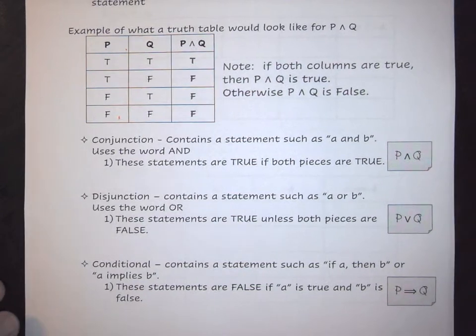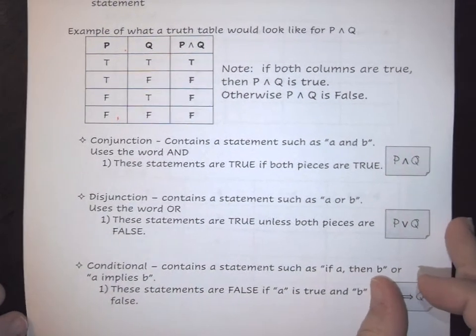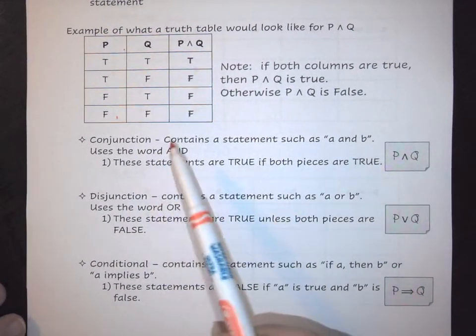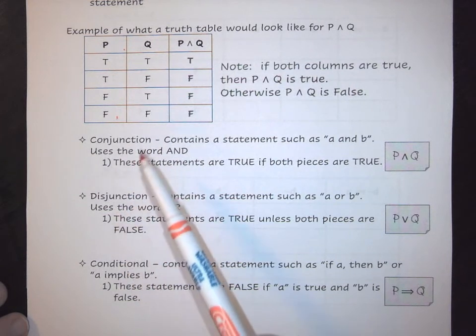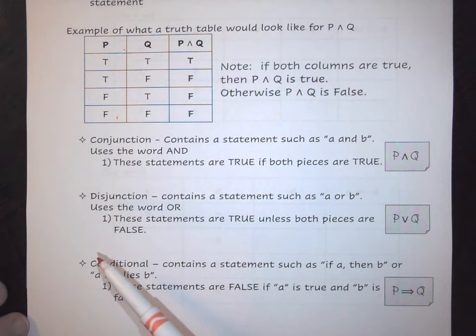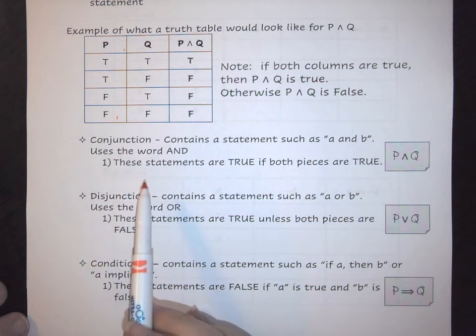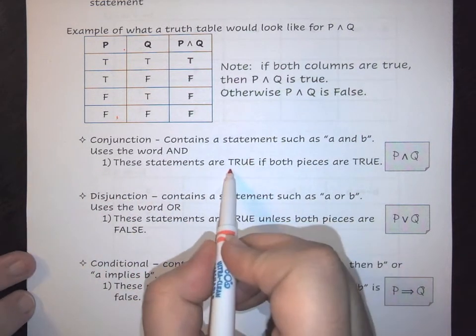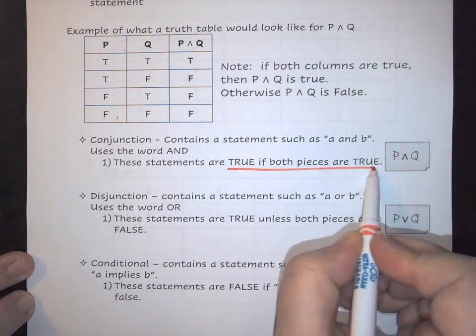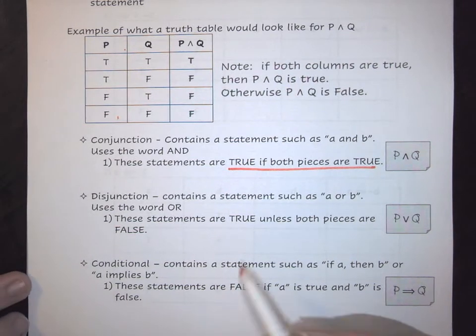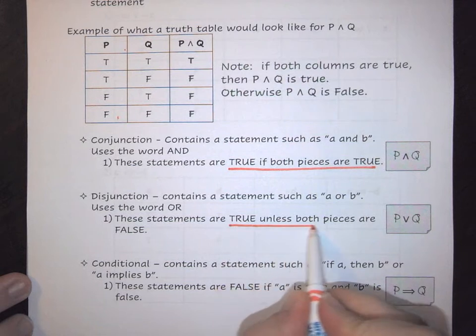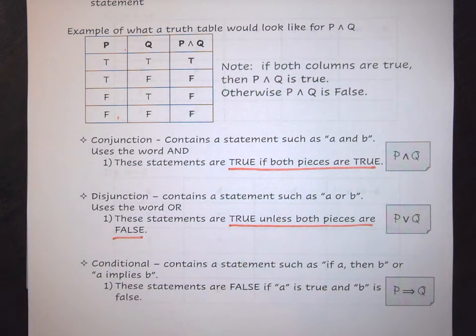So again, like before, in learning about compound statements, we know that there are three types: conjunction, disjunction, and conditional. Conjunction uses the word and. These statements are true if both pieces are true. Otherwise, if one of the pieces is false, then the compound is false. For a disjunction, these statements are true unless both pieces are false.